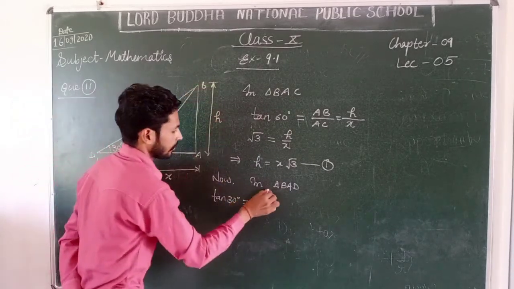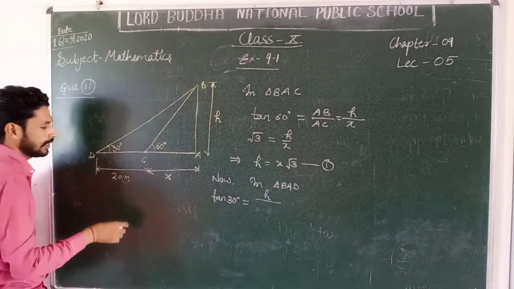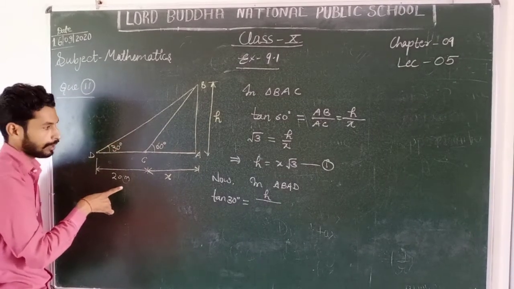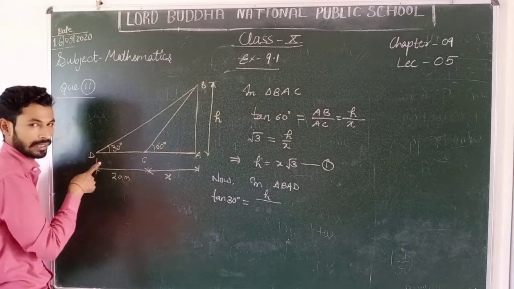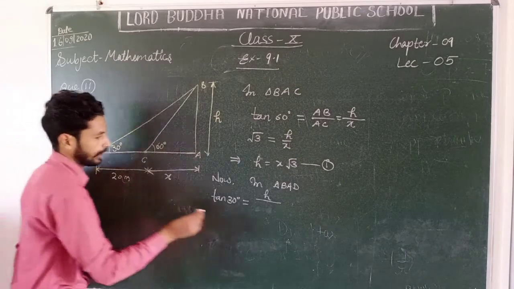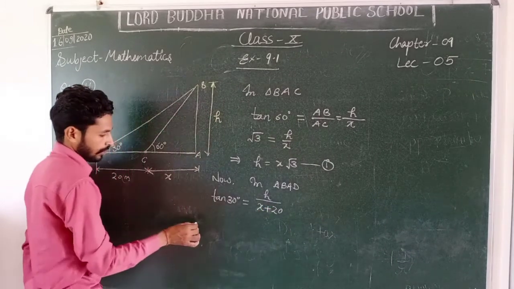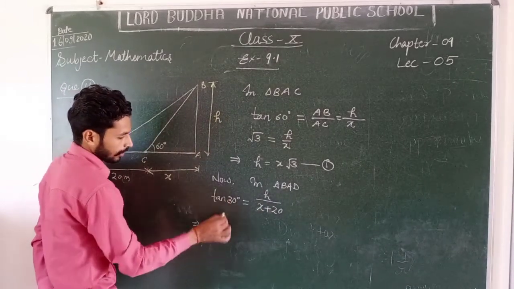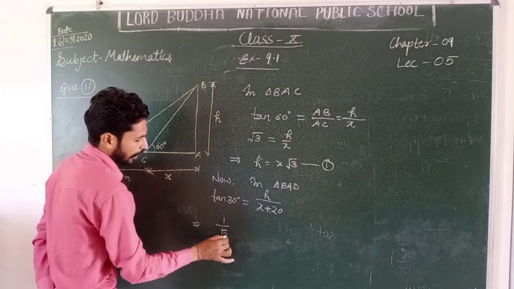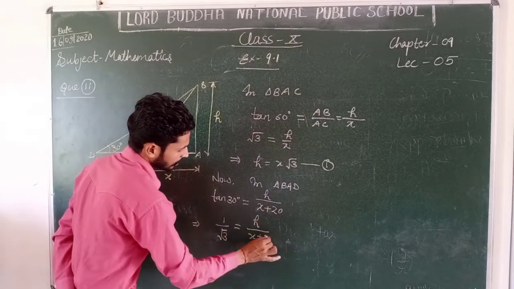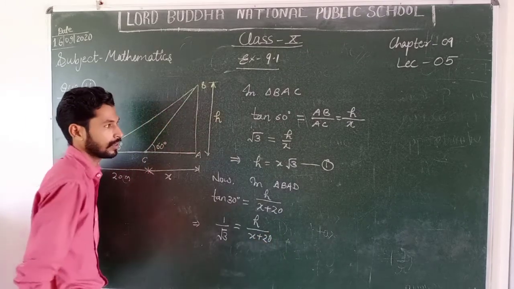Perpendicular is h and base is x plus 20, because this is the total base AD. So write here x plus 20. Now the value of tan 30 is 1 upon root 3, that is equal to h upon x plus 20.